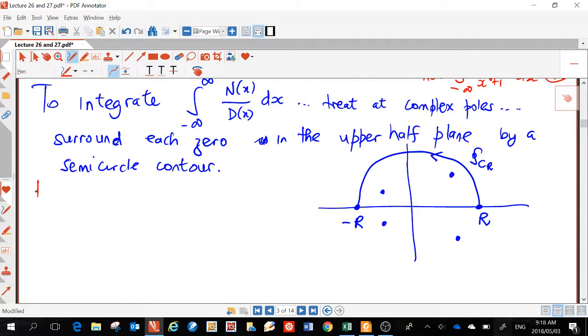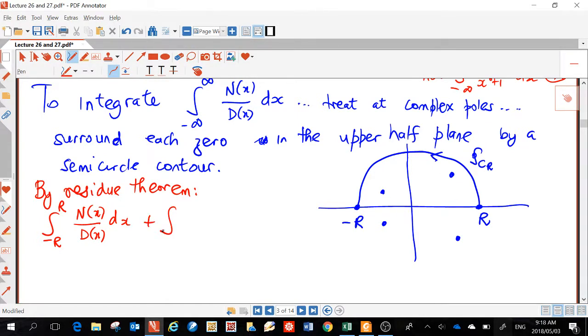So we can say by the residue theorem, let's just jot this down first. The integral from minus r to plus r, this is the straight line part now, of n of x over d of x dx, plus, now the complex part along CR will be n of z over d of z dz.